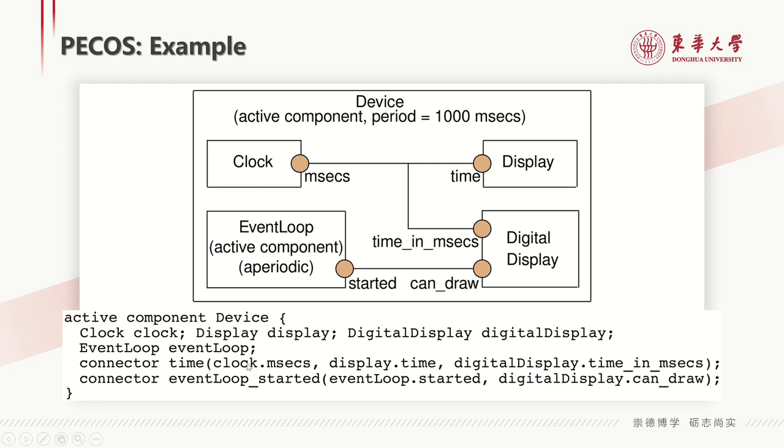Connector: time, clock milliseconds, display time, and the digital display time in milliseconds. This one is a connector. Second connector: the event loop started. We connect the port event loop dot started to another port, control, on the digital display. So it looks still very easy to use, right?